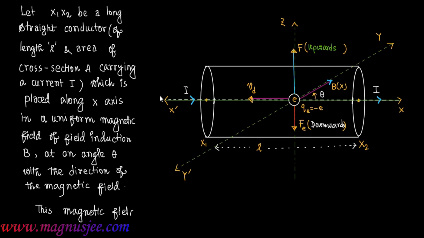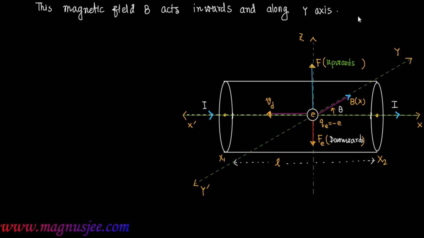This magnetic field induction B acts inwards and along y-axis in the xy plane, or in the horizontal plane.